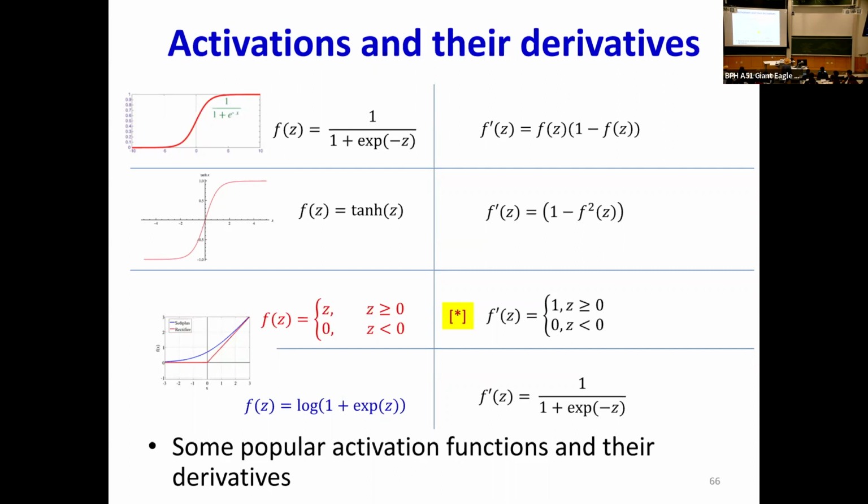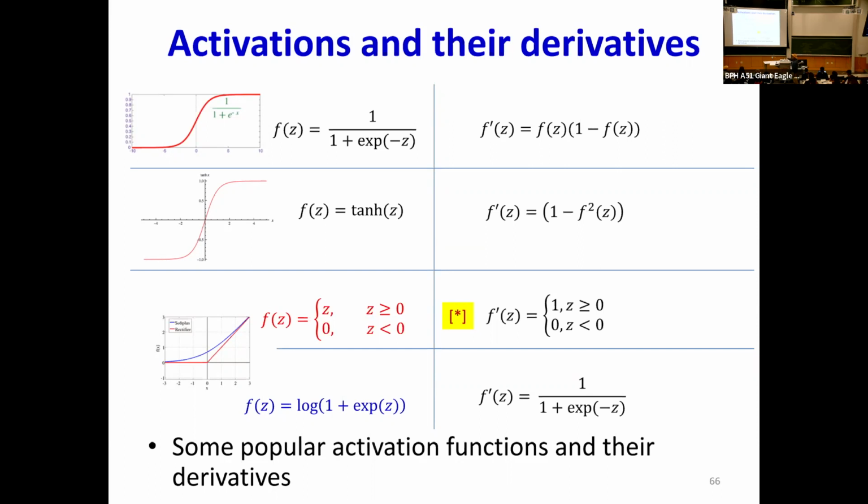So the tanh derivative goes from 0 to 1 and back, whereas in the case of the sigmoid, I think it's going to go from 0 to 0.5 and back. I think, or 0.25. Anyway, then you have these other activations.